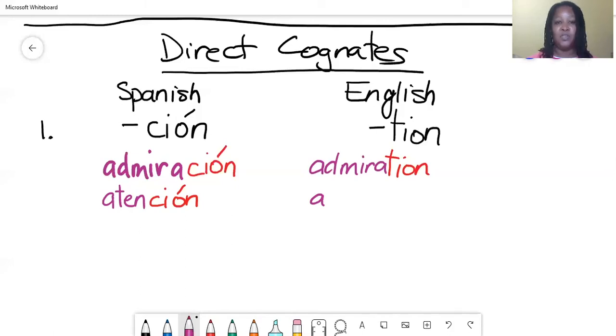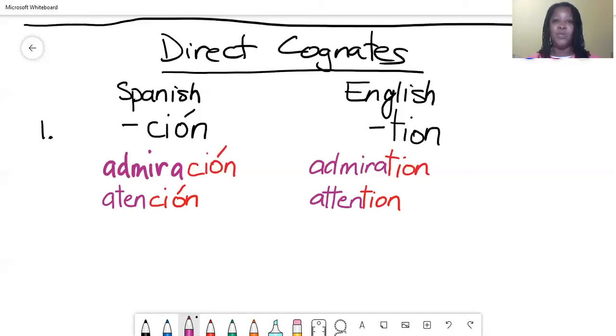So atención in the Spanish becomes attention in English. Let's look at another. Oh, but before I look at that, you would notice that in the Spanish we have 1 T, and in the English we have 2 T's.